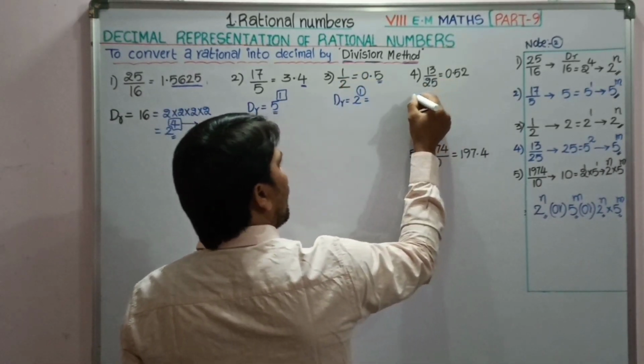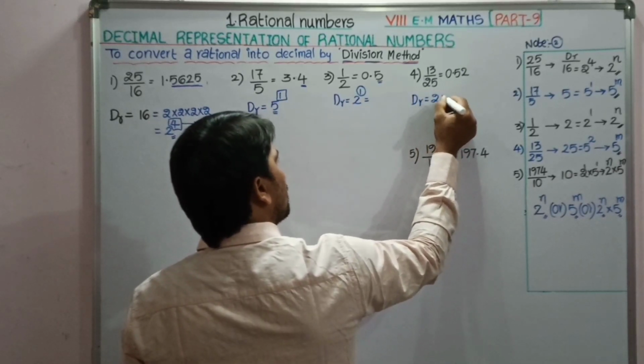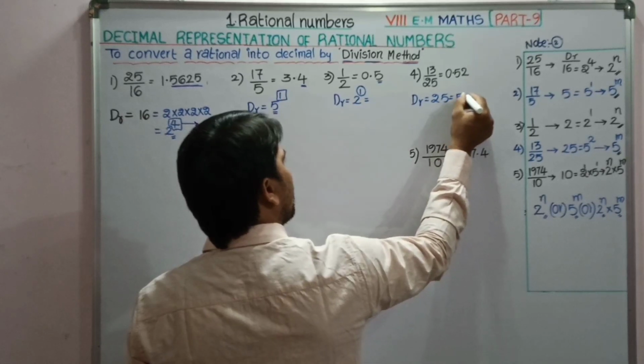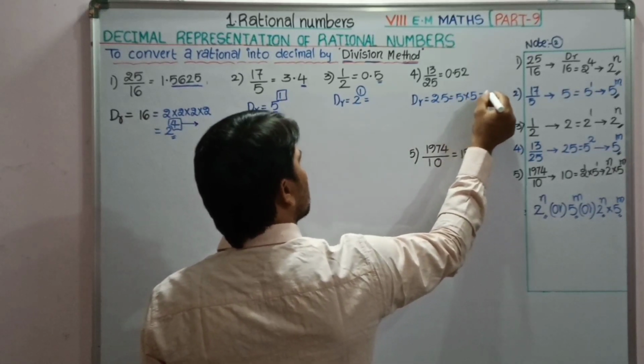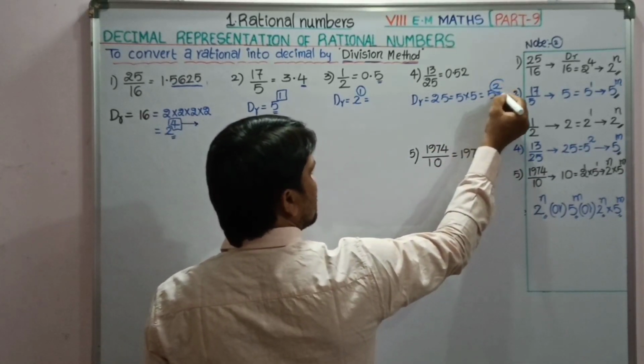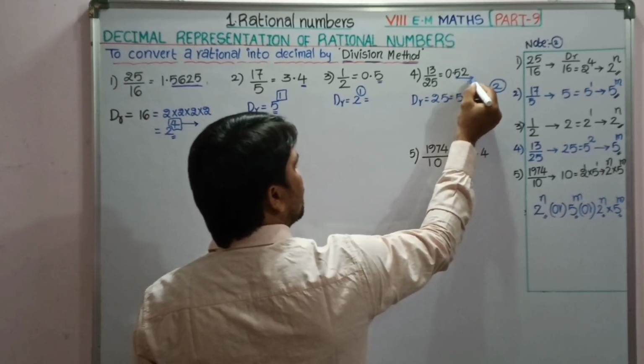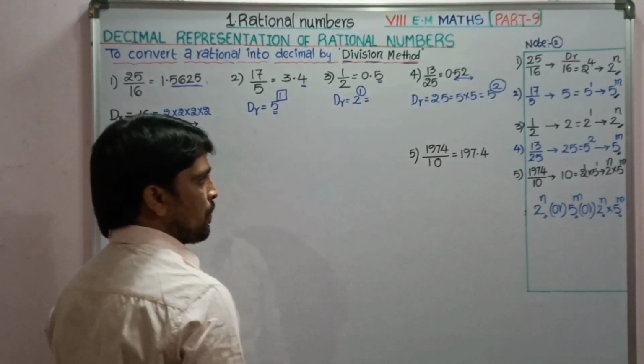And see, the denominator of 13 by 25 is 25. 25 can be expressed as 5 into 5, 5 square. So the exponent of 5 here is 2. So the decimal form of 13 by 25 terminates after 2 decimal places.